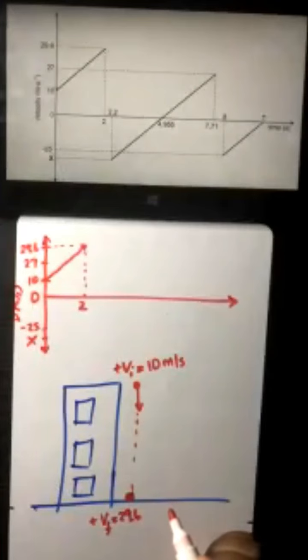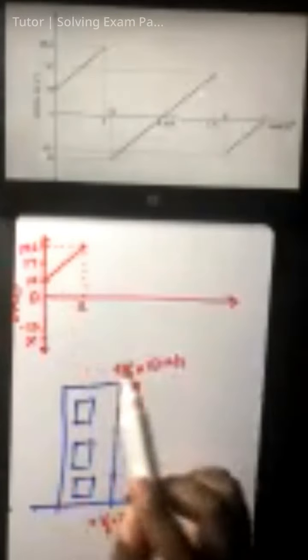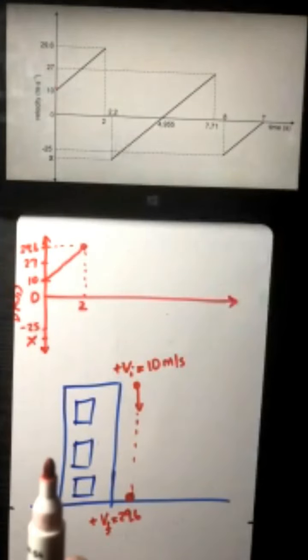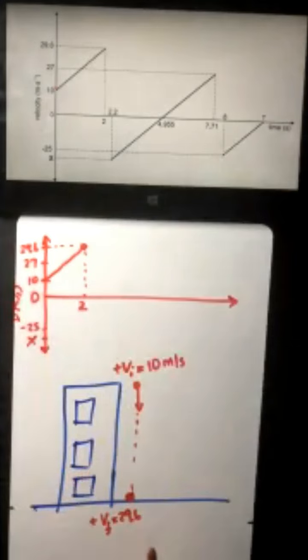So guys, what I've explained is that the initial velocity is 10 meters per second. This is the velocity at which the object is being thrown vertically downwards. So it strikes the ground at that velocity of 29.6 meters per second. How long does it take for that object to reach that ground? It takes 2 seconds.